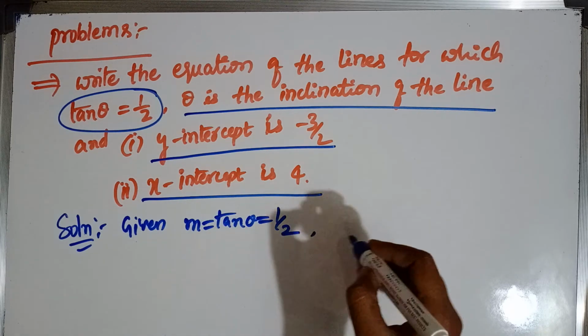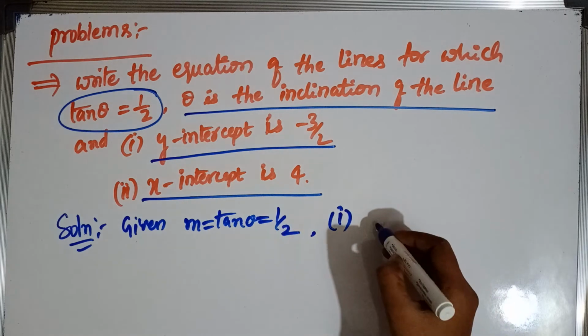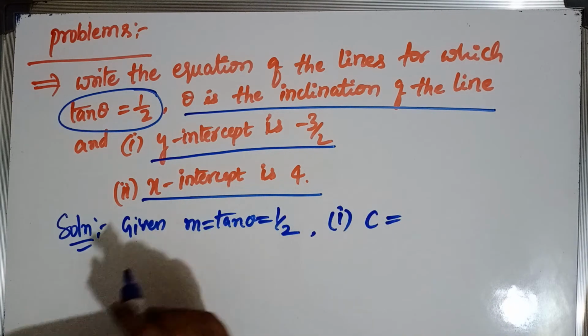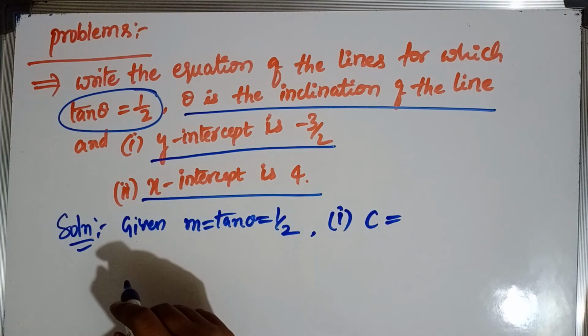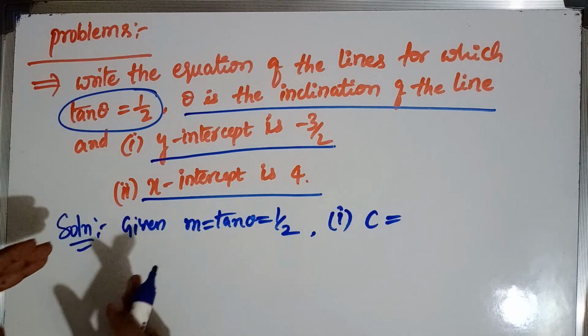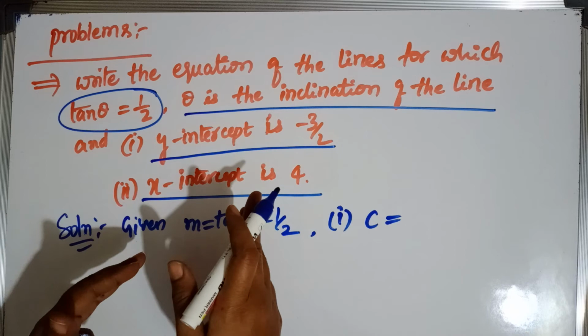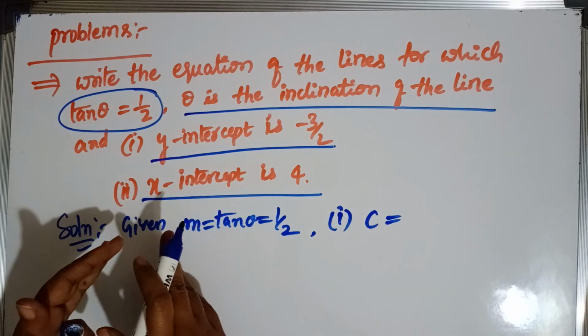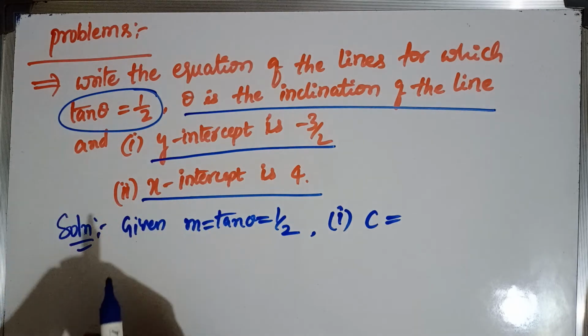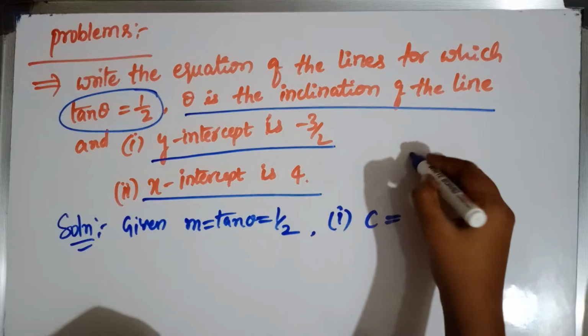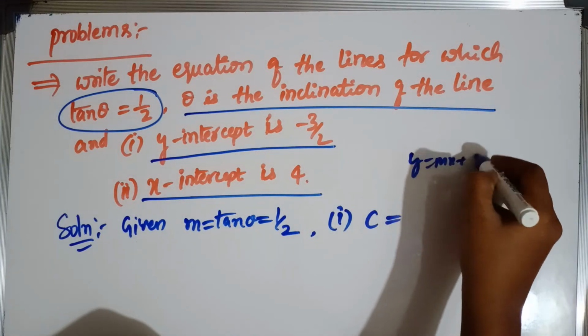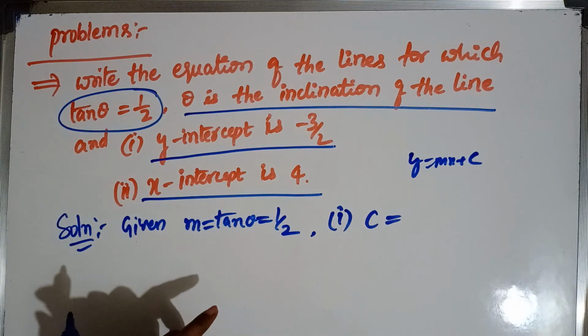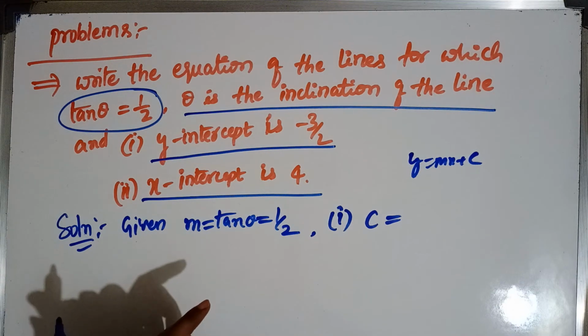So in the first case what are we given with? We are given with the y-intercept. So you need to remember the equation of straight line in slope intercept form when the y-intercept is given and when the x-intercept is given. When the y-intercept is given, the equation is y equal to mx plus c, where m is the slope of the line and c is the y-intercept.